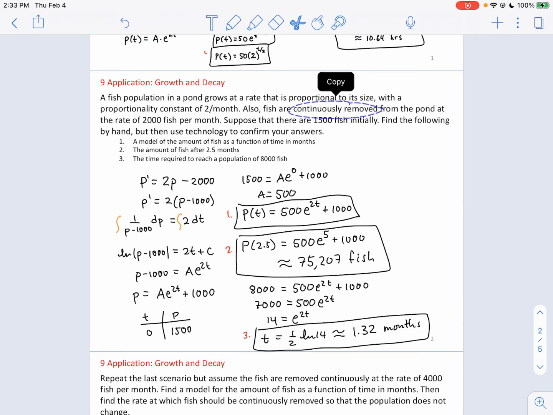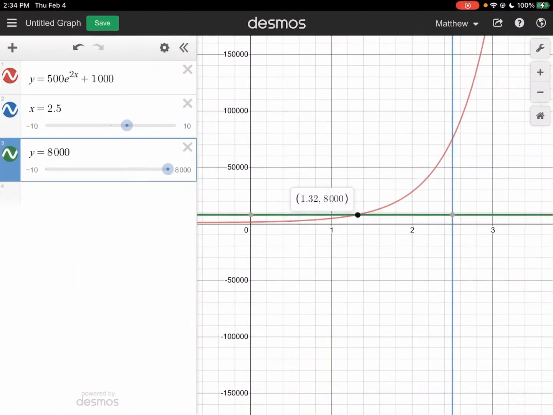Or you can imagine maybe fishermen all in there catching fish at some sort of steady rate, so that at the end of the month 2,000 fish have been harvested. But the fact that we're losing fish wasn't enough to offset the rapid growth rate, and we still have rapid growth even with the harvesting.